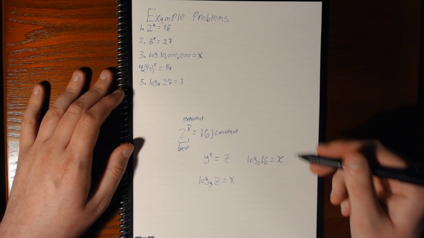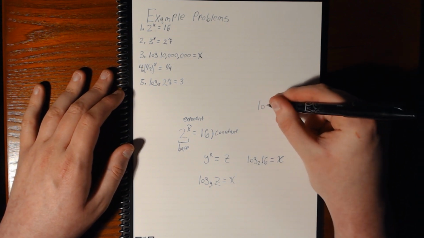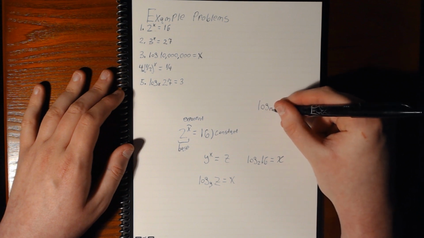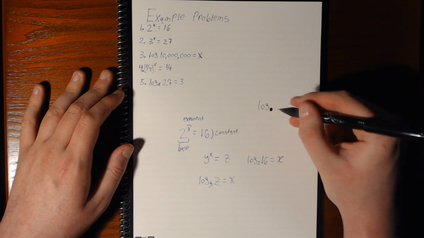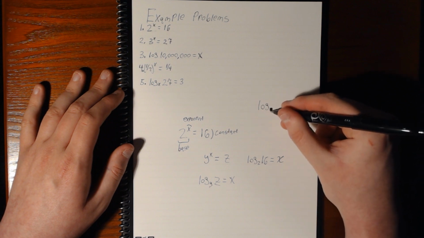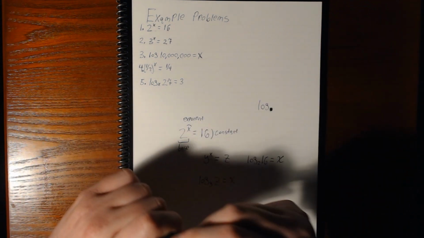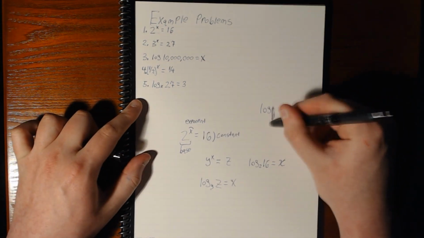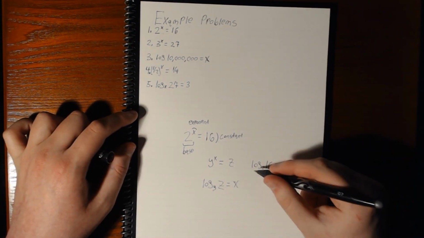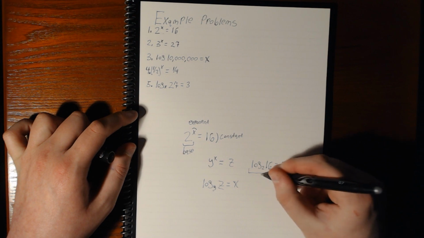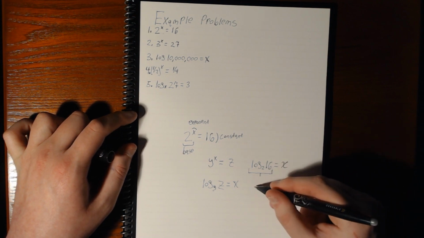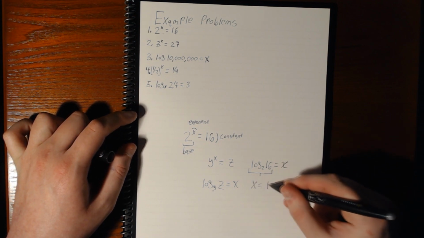Most of the time, it'll say log, and then there'll be a little black square right there. When you push that, it'll let you fill in the subscript, and you're just going to put 2. Once you plug this into your calculator, you should get x equals 4.